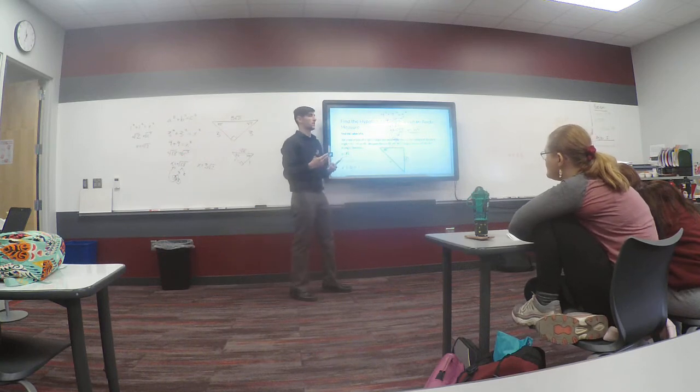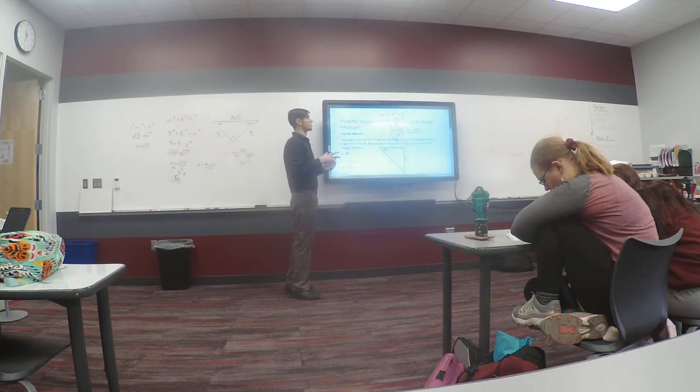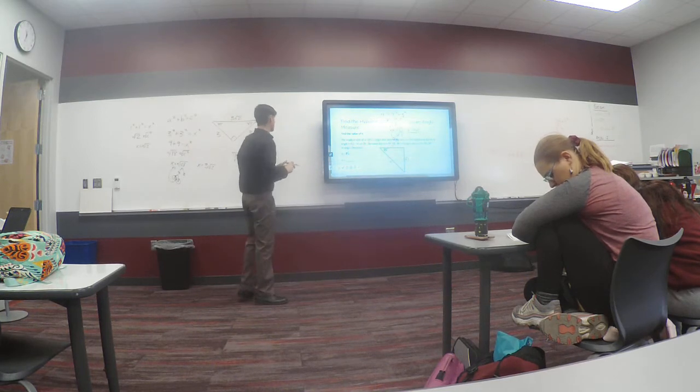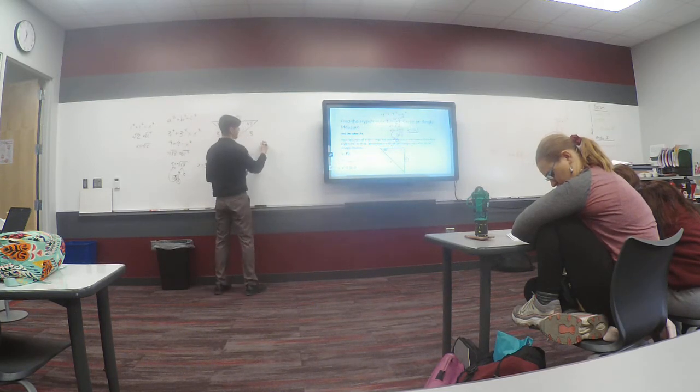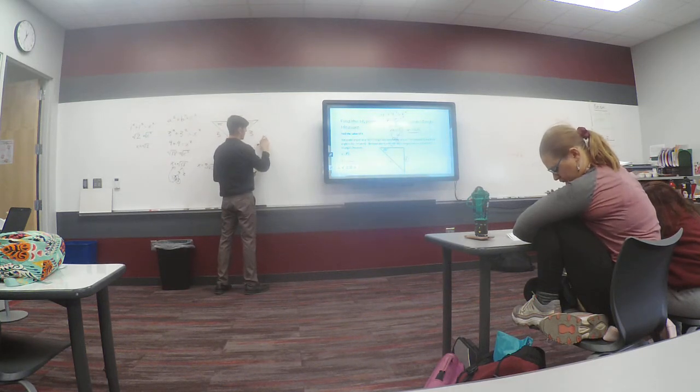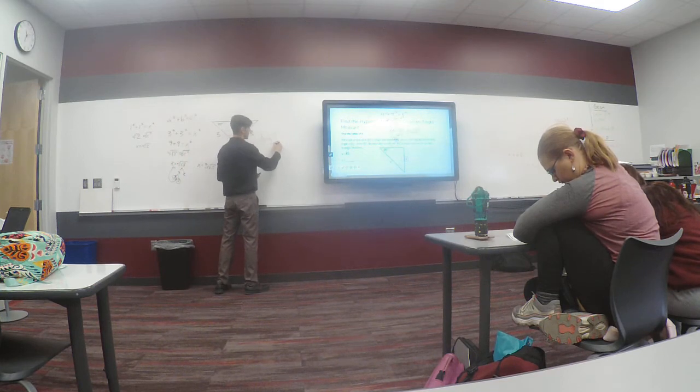But with this being a 45, 45, 90 triangle, I can shortcut that entire method, right? I don't need to do that whole step every time I solve for it. Because I'm looking for the hypotenuse, I take my leg and multiply it by radical 2.